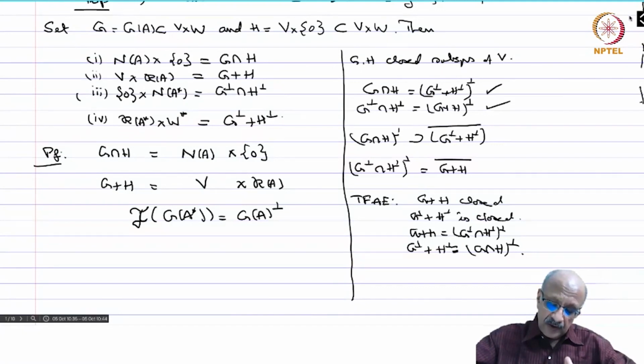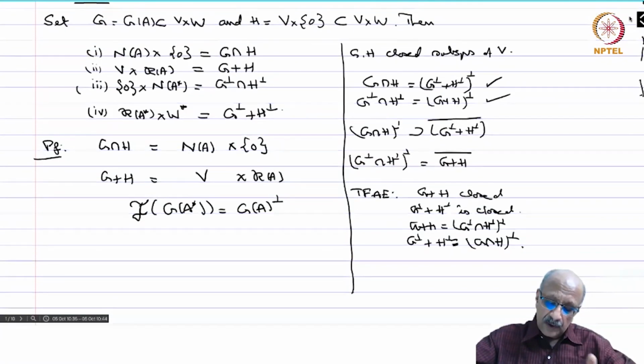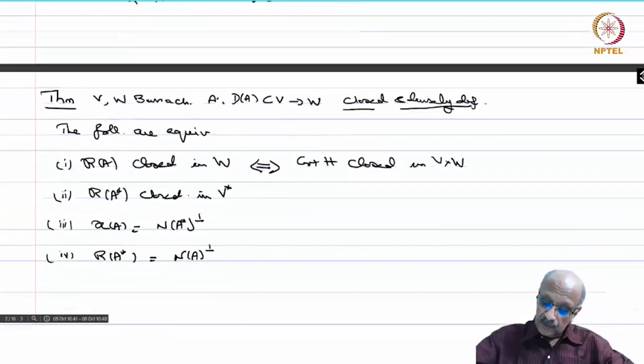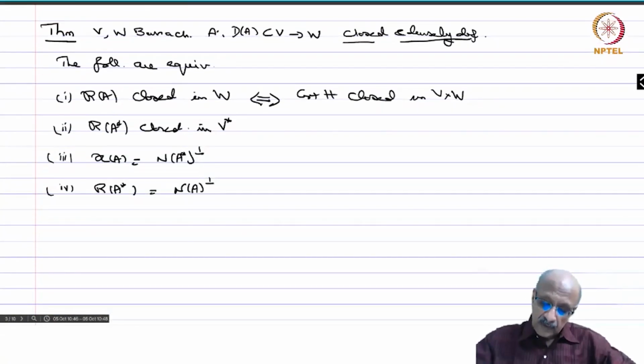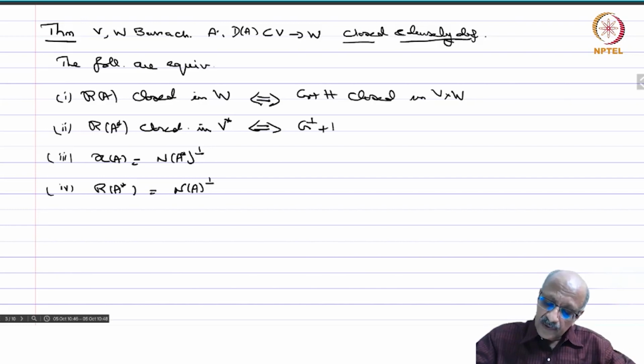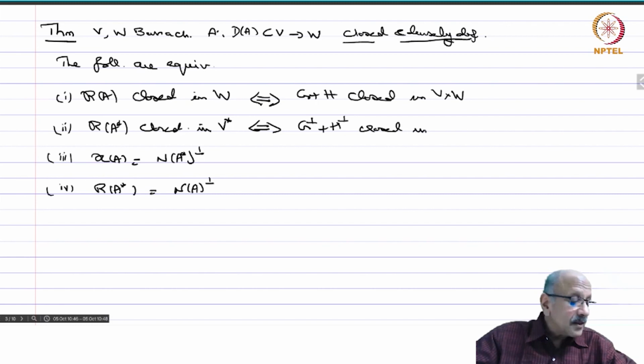V cross range of A. So if this is closed, then the product is closed, and therefore you have that. In the same way, this will be saying that G perp plus H perp is closed in V star cross W star.